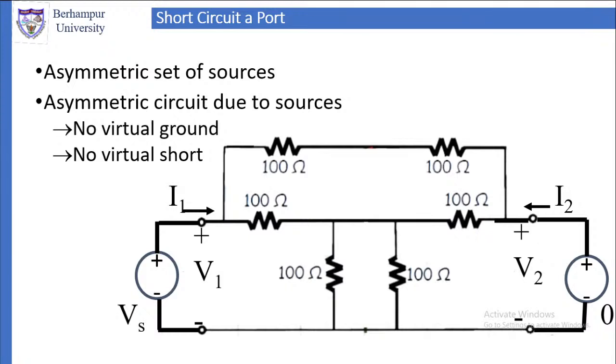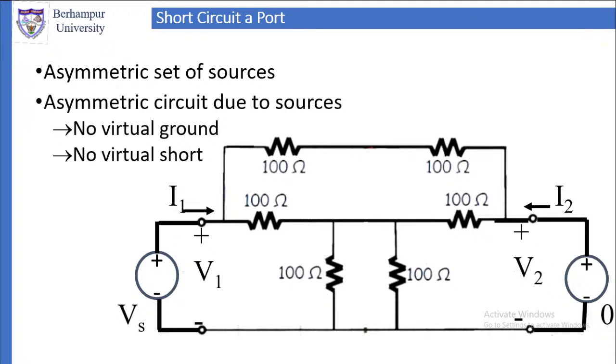If we short circuit port 2 and look at this circuit, in port 1 we are giving the source Vs. At port 1, let us say the voltage is V1, and at port 2, let us say the voltage is V2, and port 2 is short circuited.